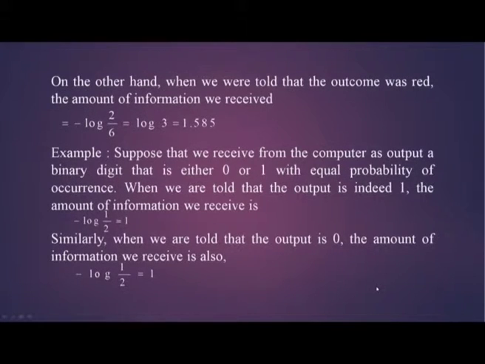So, the number of favorable cases will become 2, and that is why the probability will become 2 by 6, and as a result, the amount of information will be minus log 2 by 6, and that will be log 3, which is 1.585.